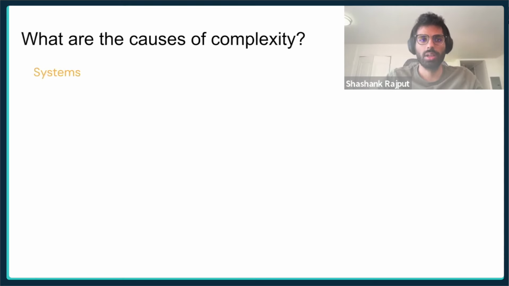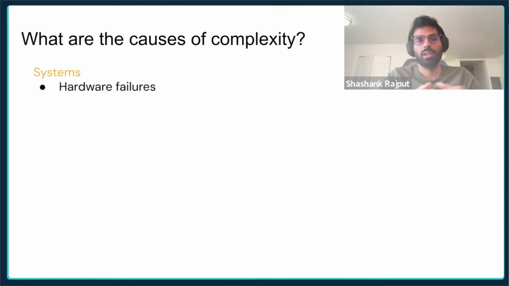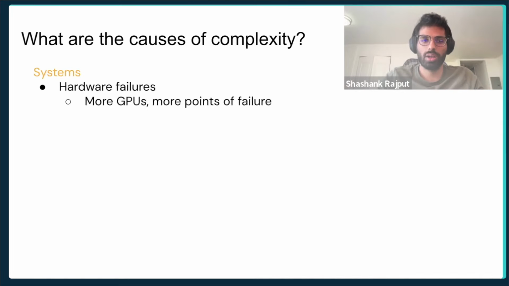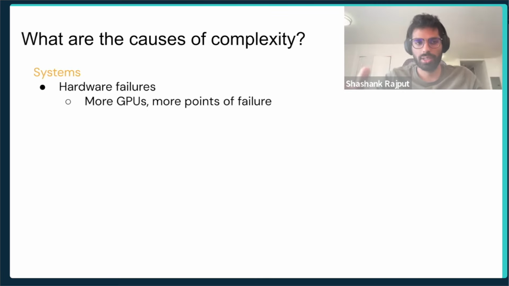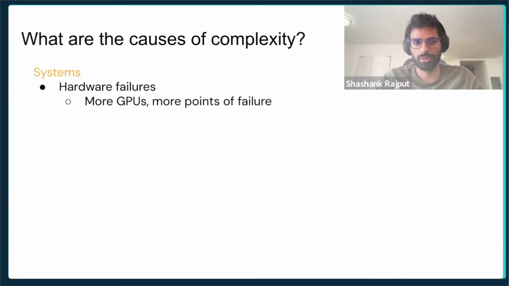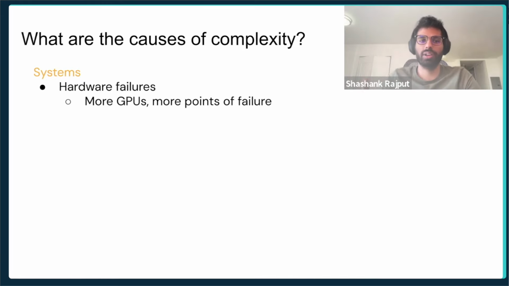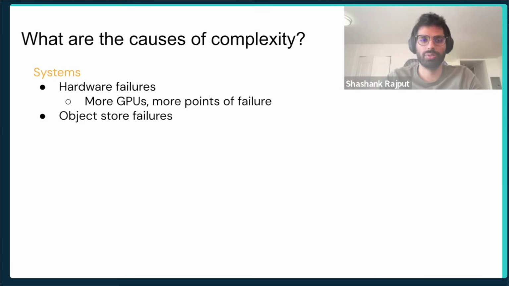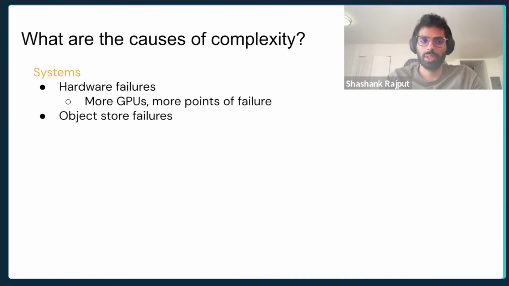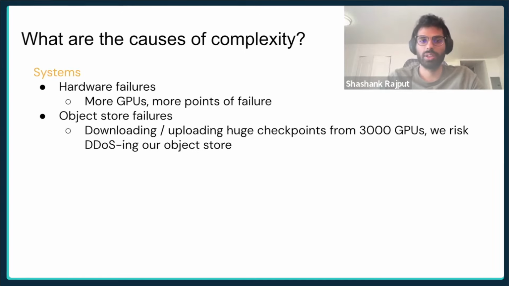Then there's the systems level. The more GPUs you have, the more points of failure. That's just common sense. If you have more GPUs and each GPU has some rate of failure, then more GPUs means more failures. Another problem that you start seeing is object store failures.